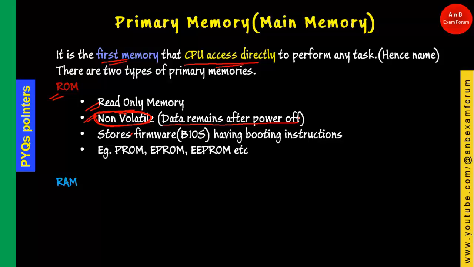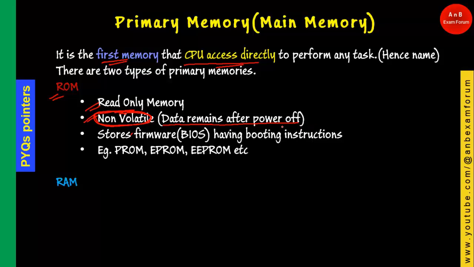Since data will not be erased after power is off, it is non-volatile. Volatile, as the word suggests, means it will not remain in the memory once power is off. But in non-volatile, data remains even after the electricity is off.